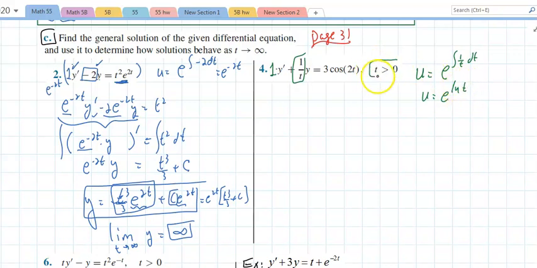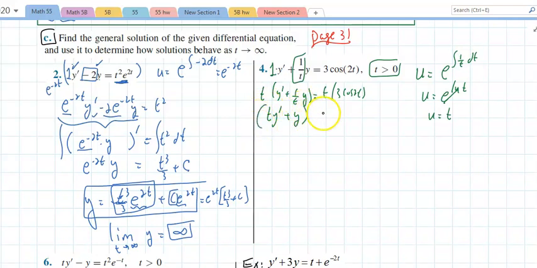I don't need the absolute value because t is always positive, and that's simply t. Those undo each other. So here, if I multiply both of these by t, I will get on the left hand side t y prime plus y equaling 3t the cosine of 2t.